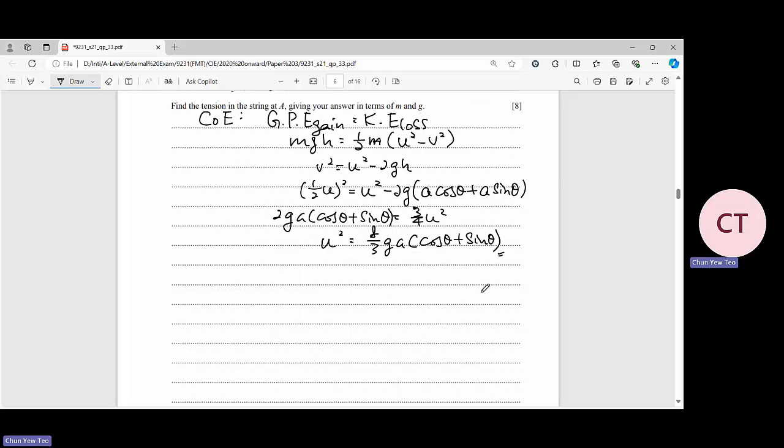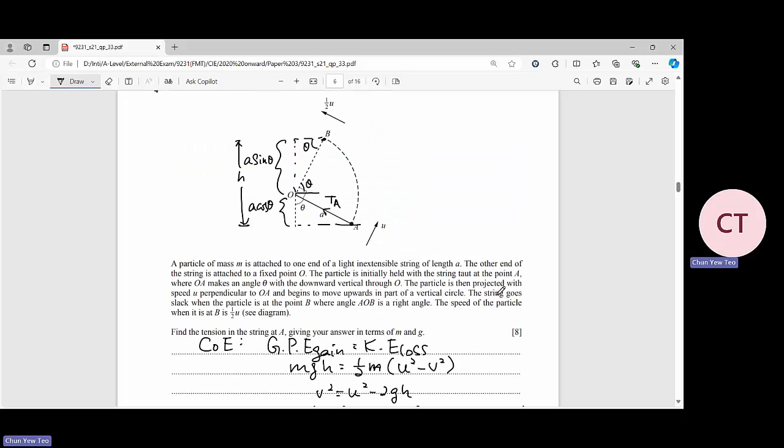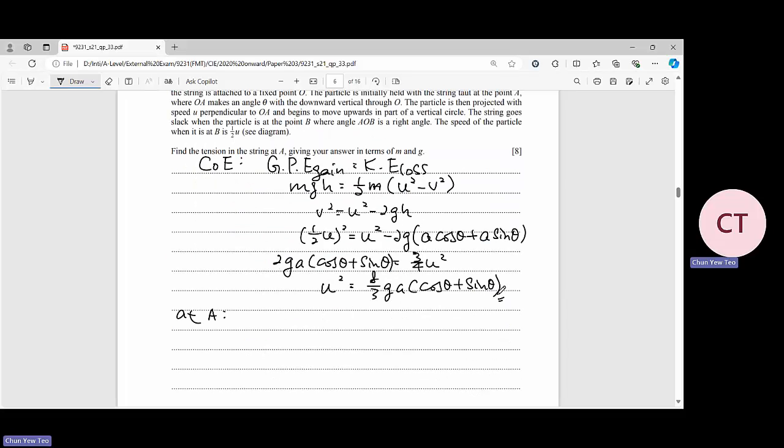Then after that, we want to consider the tension at A and tension at B. Tension at A. Okay, forces at A. We resolve the forces towards the center of the circle.